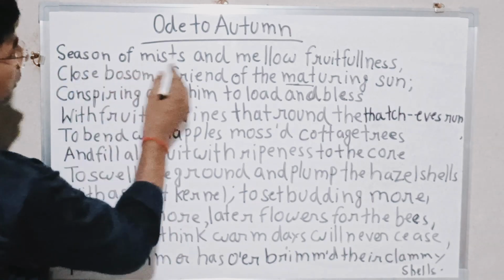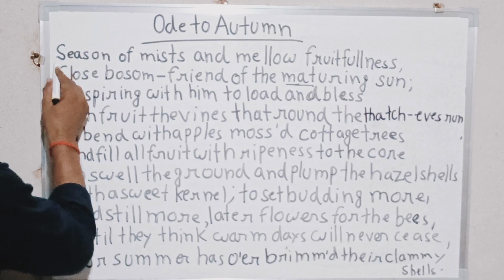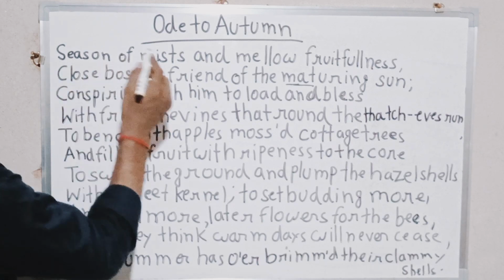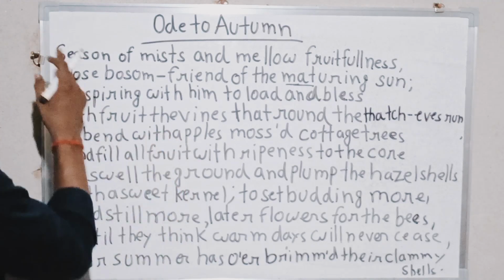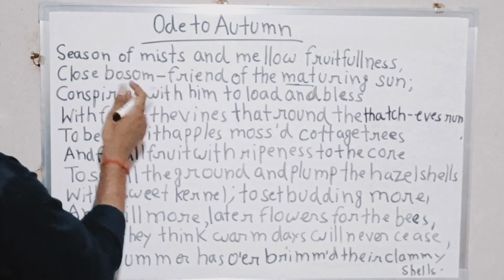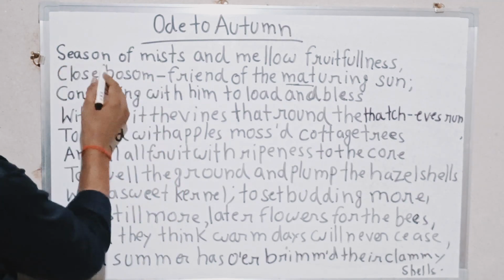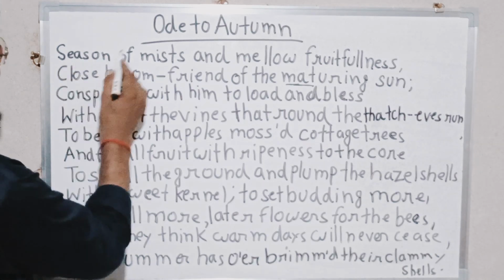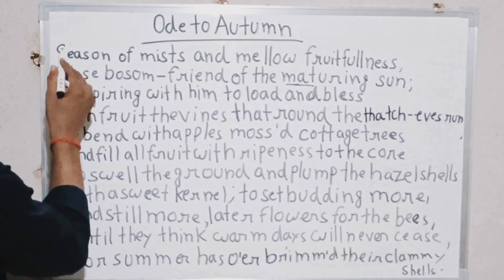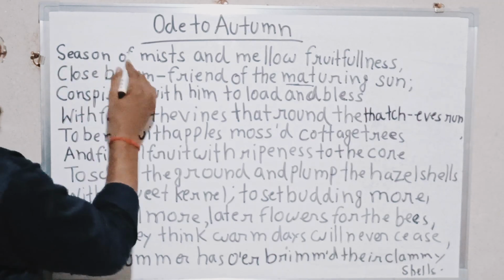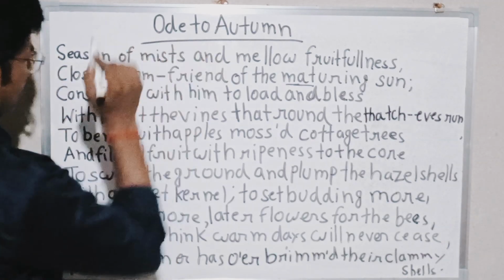If a non-living or an abstract thing is addressed, it is apostrophe. So in the first line of the poem, apostrophe is used, because the speaker of the poem is addressing autumn.